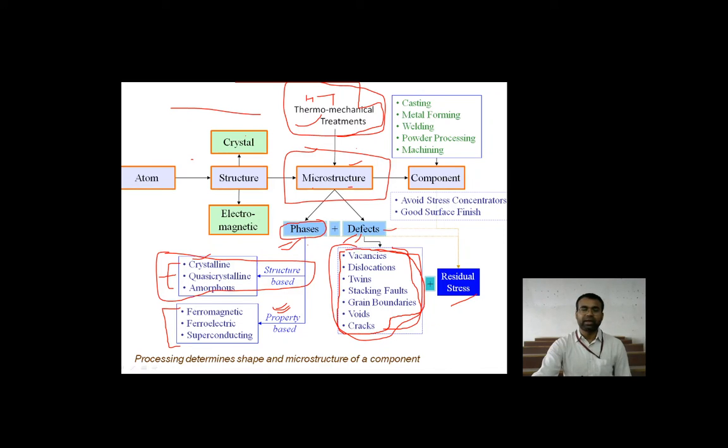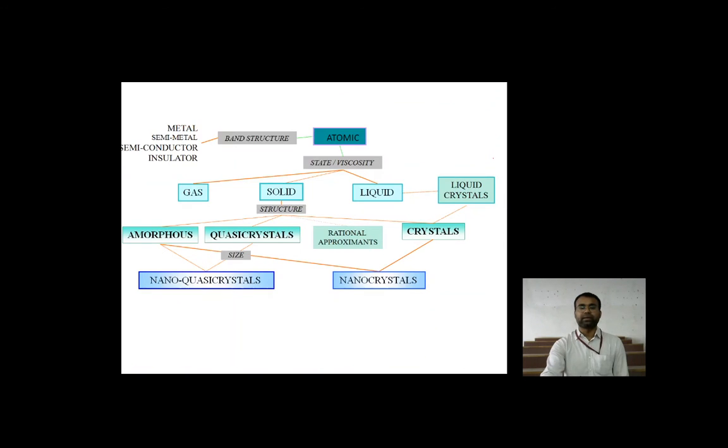If we do not maintain the atomic-level arrangement properly, the interatomic bonding, or the free energy, or you can say the interatomic energy, will lead to stresses, and those stresses will lead to failure of the component. To avoid stress concentration, we need to maintain good surface finish, and maintain the phases, the defects, the heat treatment process and the manufacturing process in a proper way, so that the properties of the metal are maintained. That is what needs to be taken care of.